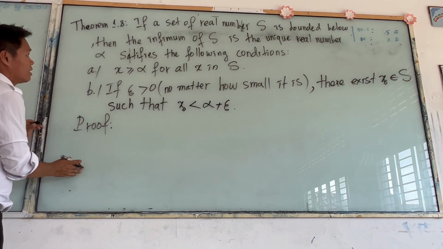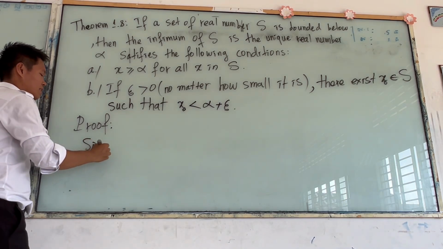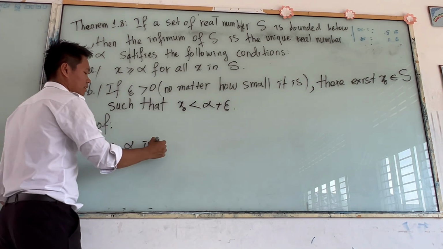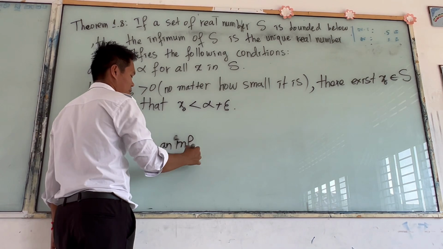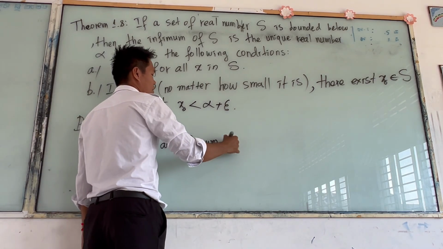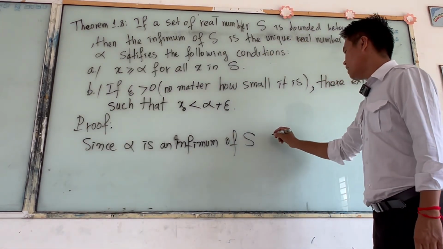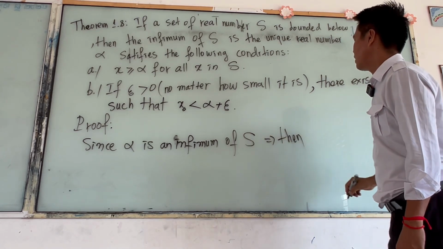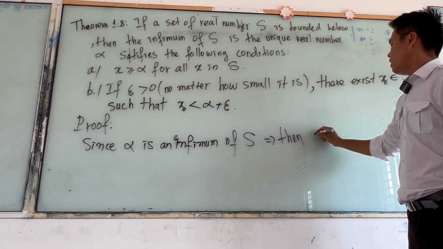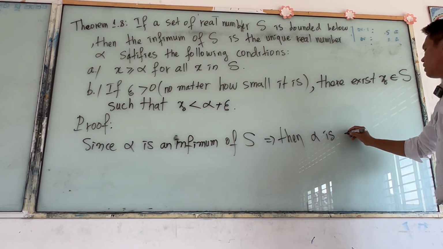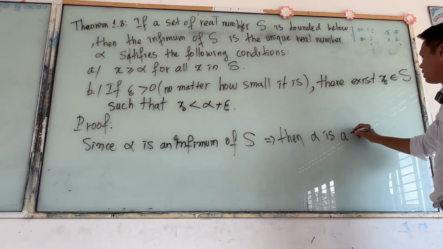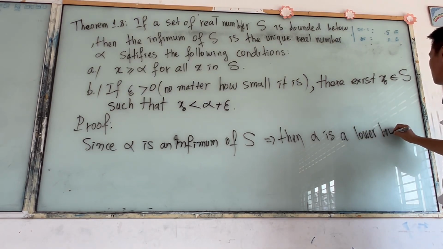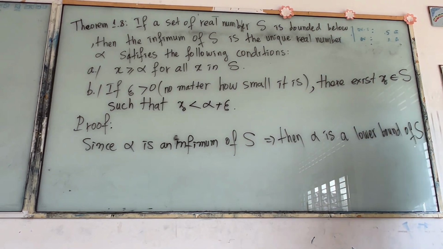Suppose alpha is an infimum of S. Then alpha is a lower bound of S. Since alpha is an infimum of S, you get that alpha is a lower bound of S. Why?